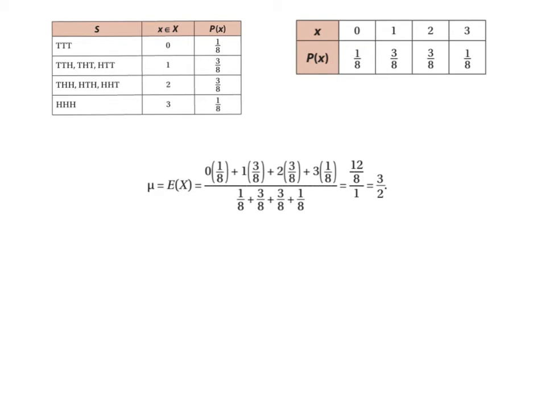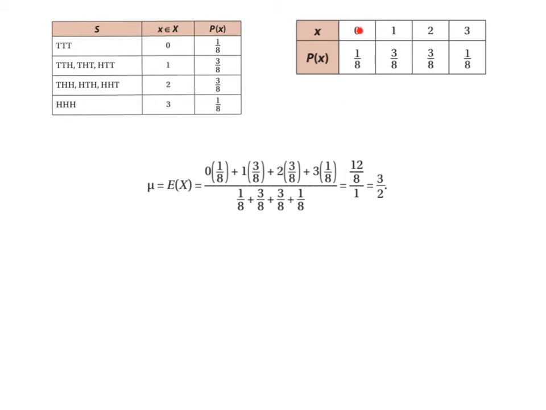And what we're trying to work out is what would be the average number of heads. So suppose I was going to keep doing this experiment over and over again. What would the average number of heads be for 3 tosses of a coin? So the way we do this is we take our x value and multiply it by the probability associated with that x value.